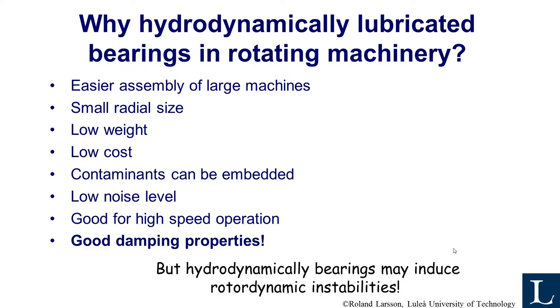And, which we will discuss here, they are very good in damping. They have much better damping properties than a rolling element bearing. But again, a hydrodynamic bearing may, even if it has good damping, cause dynamic instabilities, which is a little bit awkward, you may say. But we'll discuss this.